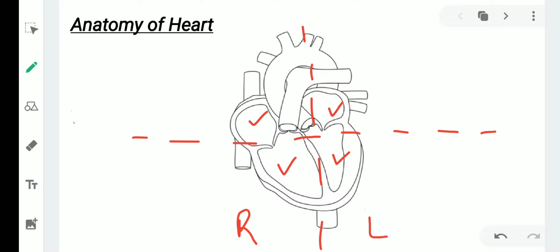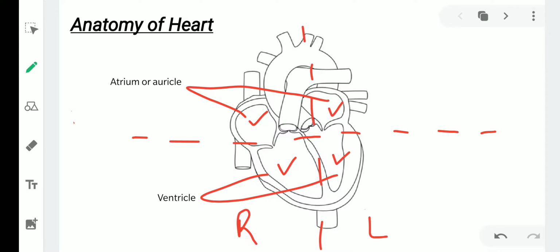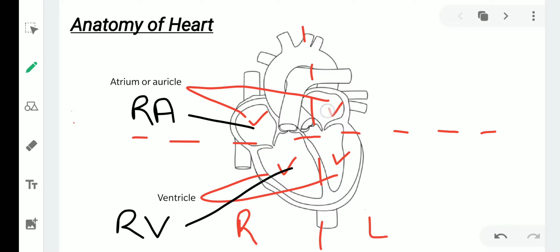The upper chambers are known as the atria or auricles and the lower chambers are known as the ventricles. So this becomes the right auricle or right atrium, this becomes the right ventricle, this is the left auricle or left atrium, and this is the left ventricle. So these are the four chambers.